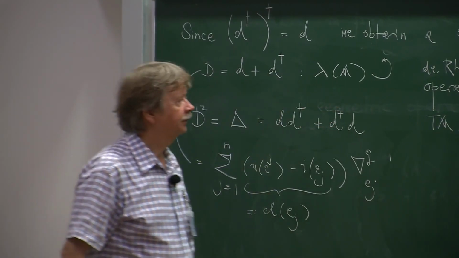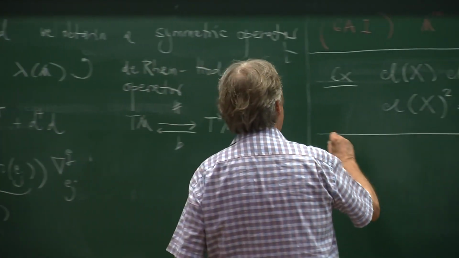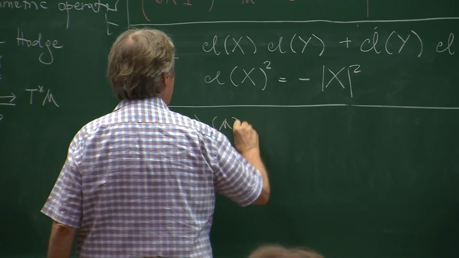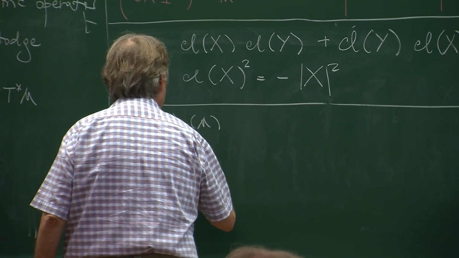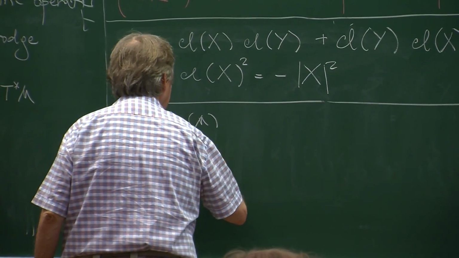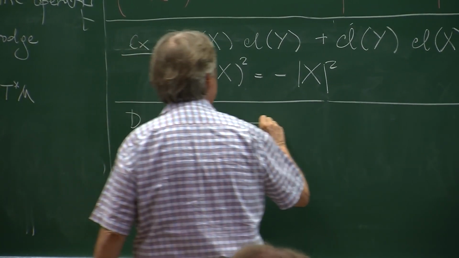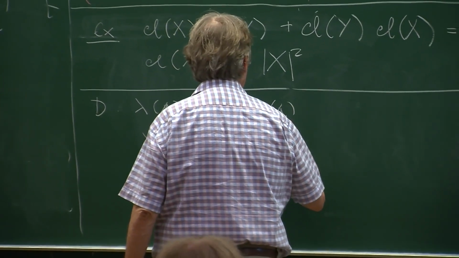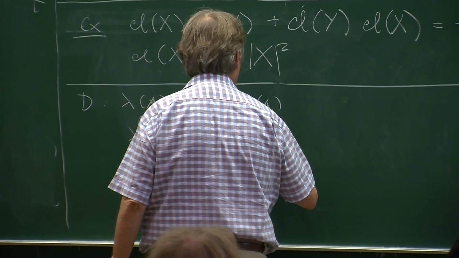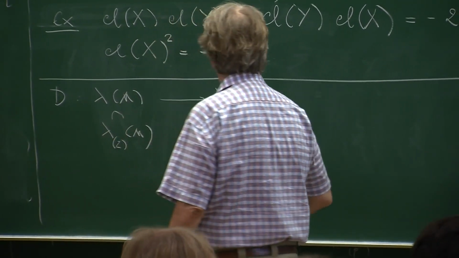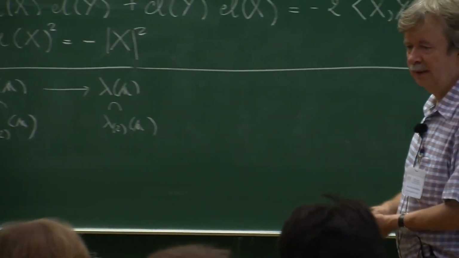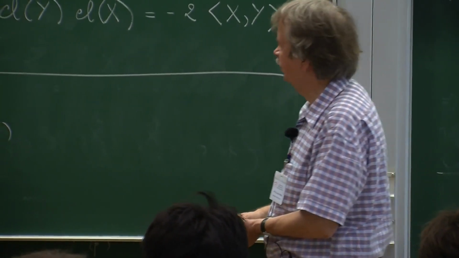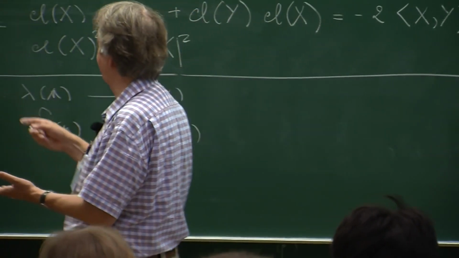So D maps lambda m, which is sitting in L2, to lambda m, which is still sitting in L2. And the question is, how do I make a decent operator out of this? How can I do spectral theory with this object?